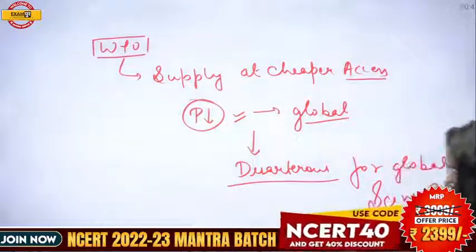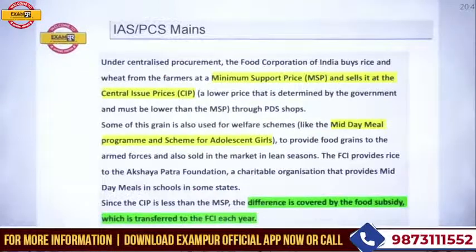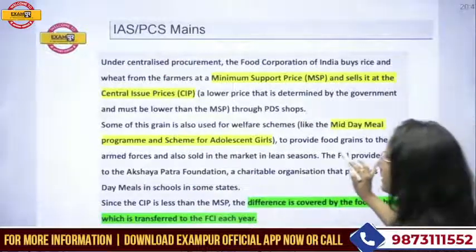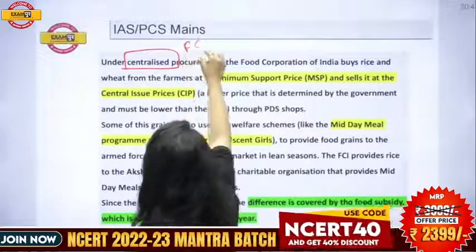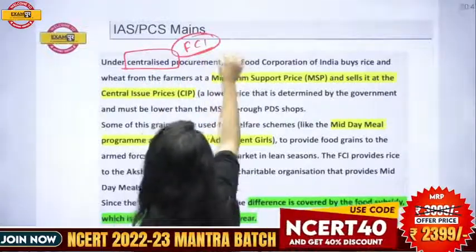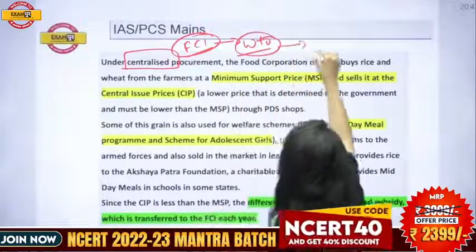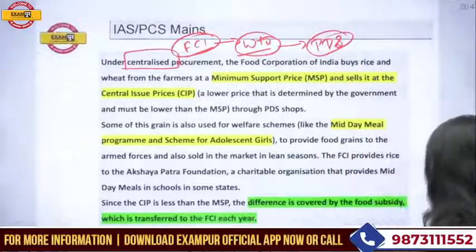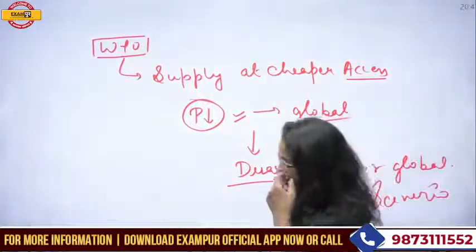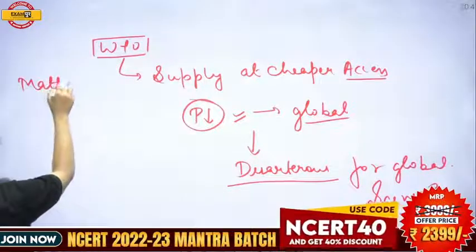Okay. Next, this was the current matter we were talking about, centralized procurement. As we are talking about centralized procurement, FCI, I have just discussed, and I have let you know about the matter of WTO and what kind of demand has been made out of the PDS. Getting my point? The way I have explained this slide, what was the matter behind it?